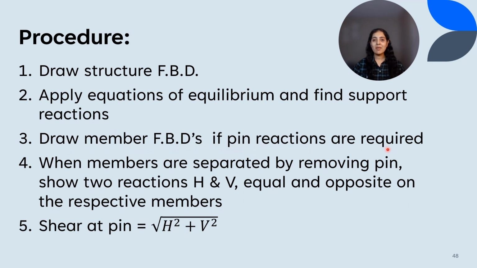So what is member F.B.D? We will see in the problem. When members are separated by removing pin, show two reactions, horizontal and vertical, equal and opposite on the respective members. Shear at pin is under root of H square plus V square. We will see how these steps are applied using the problem.